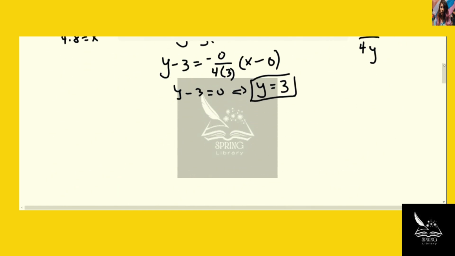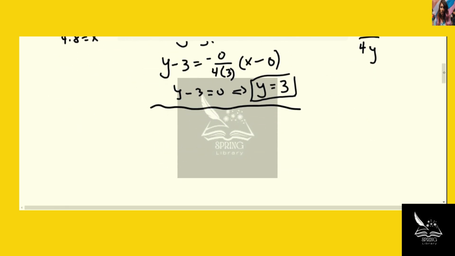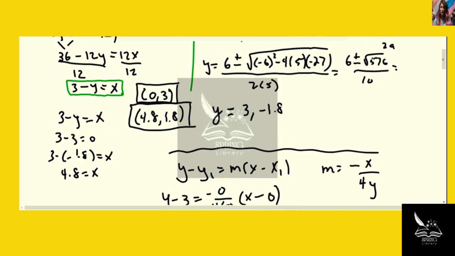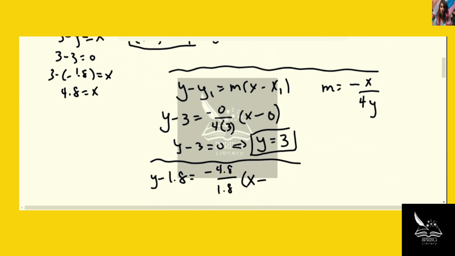And then the other line, we're going to use the point (4.8, negative 1.8). So we have y minus negative 1.8 equals negative 4.8 over 1.8 times x minus 4.8. This should be negative 1.8, so this will actually change to plus.